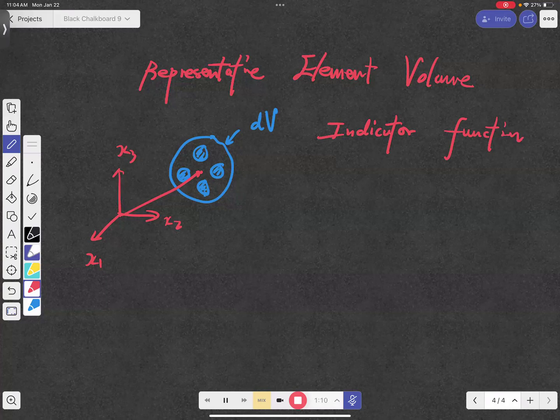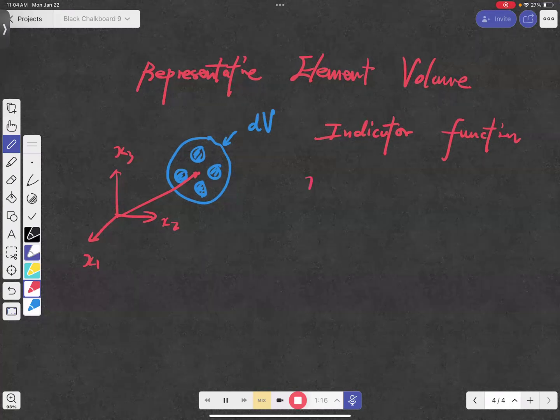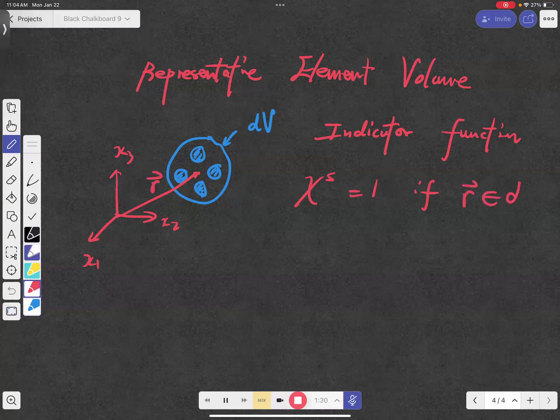If it's 1, it means something is true. So one of the indicator functions is chi_s, which we call 1 if this position vector r is within the domain of dVs. Does that make sense?